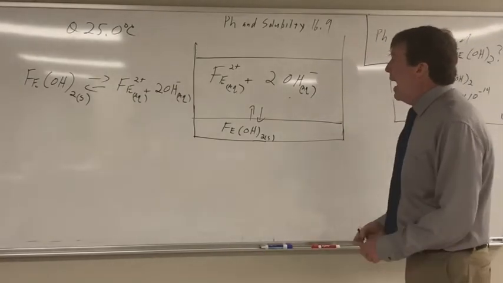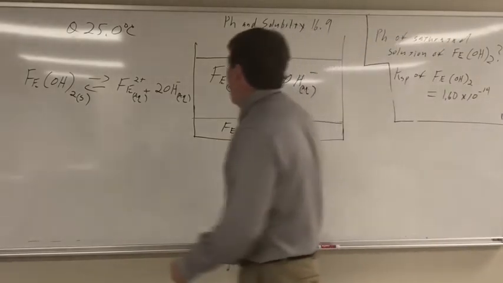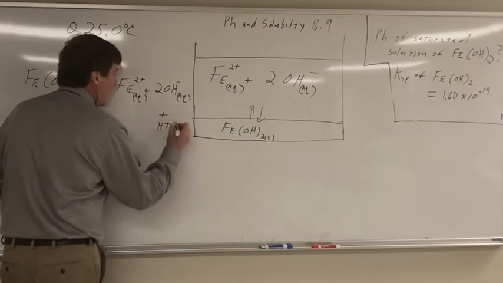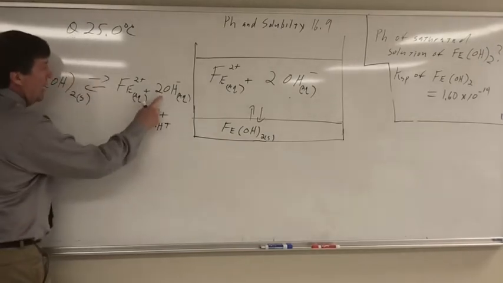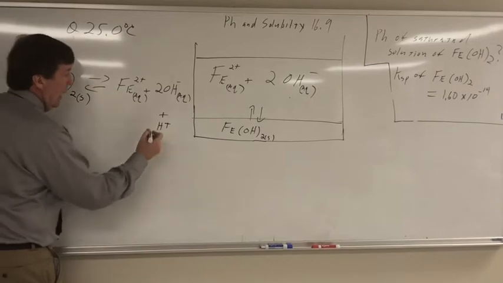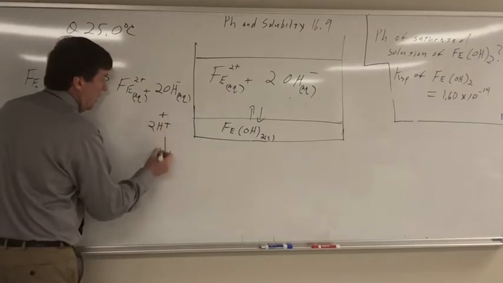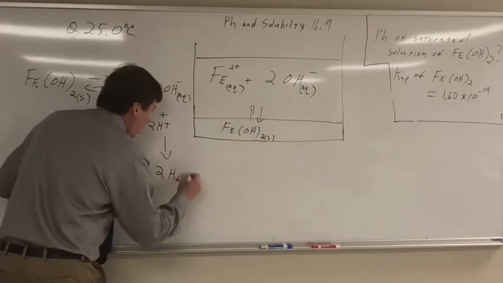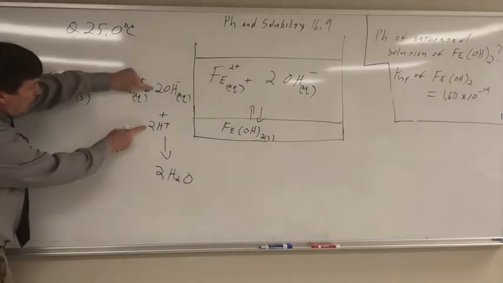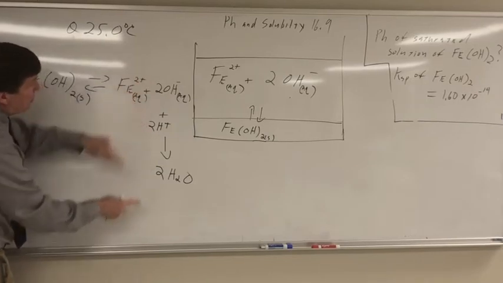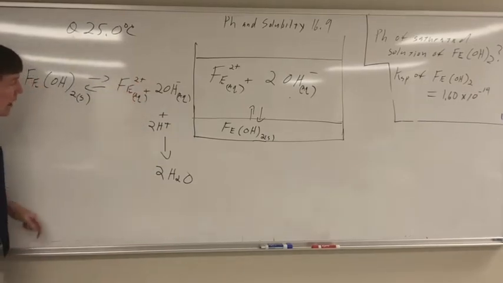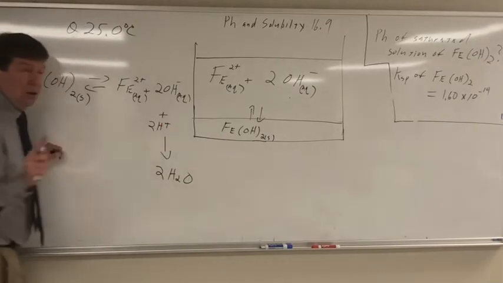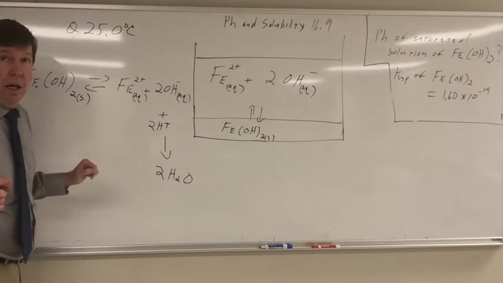Notice, if we add an acid here, that H positive is going to react with the hydroxide ions, and we might as well keep the stoichiometry, and then we're going to get 2 H2O water molecules there. Obviously the acid reduces the concentration of the hydroxide in moles per liter.